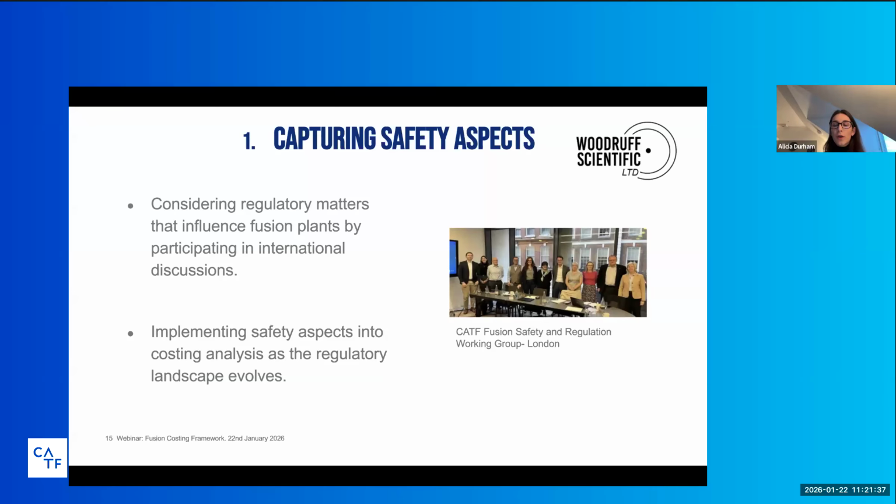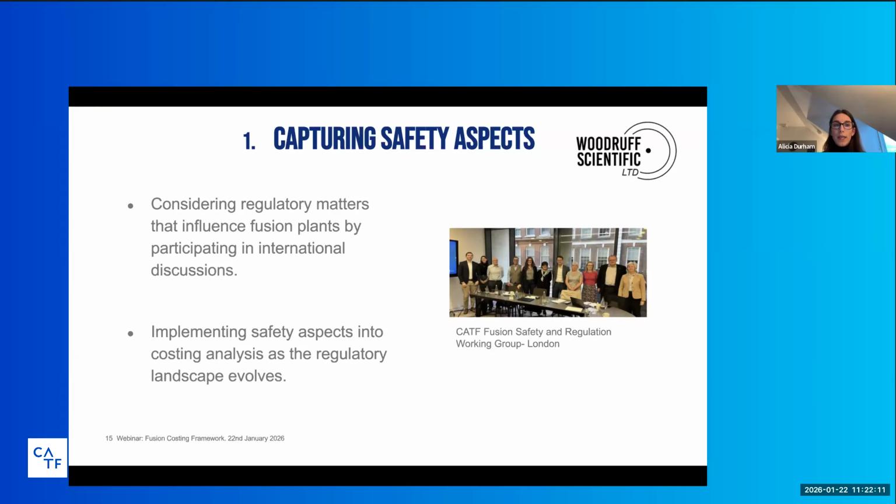As fusion goes towards commercialization, we started thinking about how to capture the safety costs as they were more prominent, and the UK and the US were starting to think about the regulatory framework for fusion and how to license power plants. So to do this, we decided to engage with the industry and all the stakeholders and have active discussions with people that were involved in these decisions.